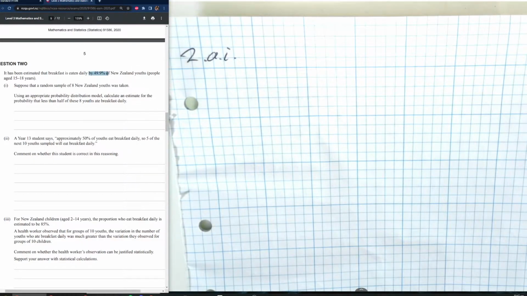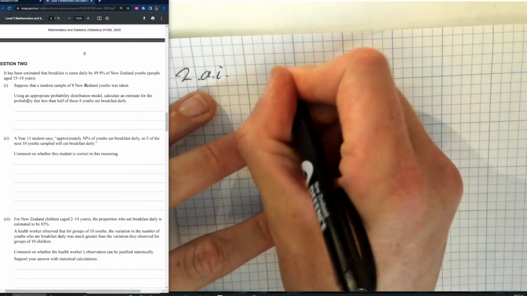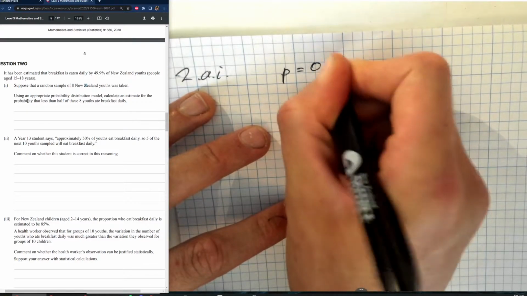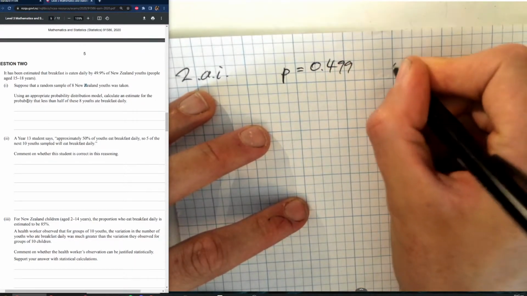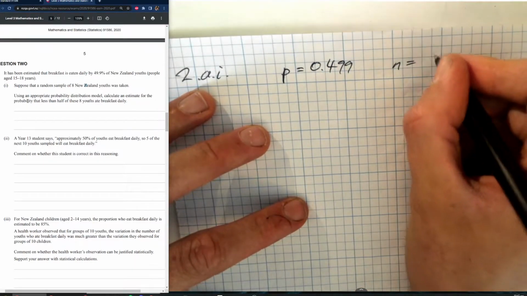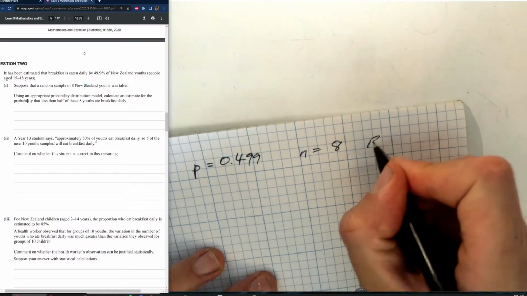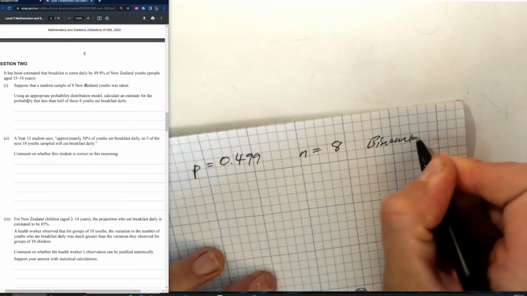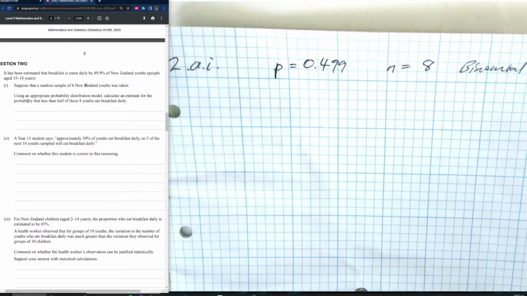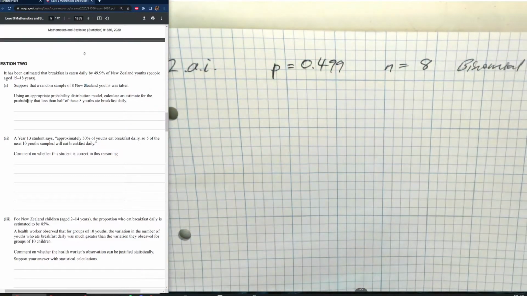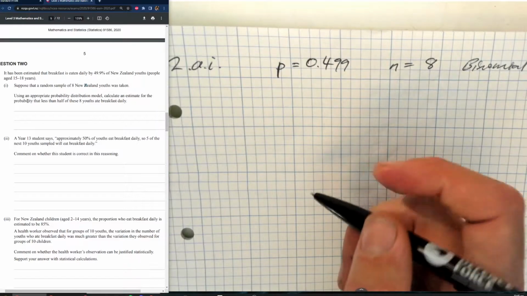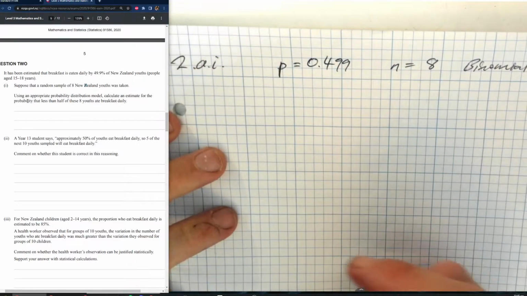Now we've got a probability here and a number of trials here. So when you've got p equal to 0.499 and n equal to 8, it has to be binomial, because binomial has those parameters. It's not Poisson, we don't have a lambda. Okay, pretty straightforward choice, I think.